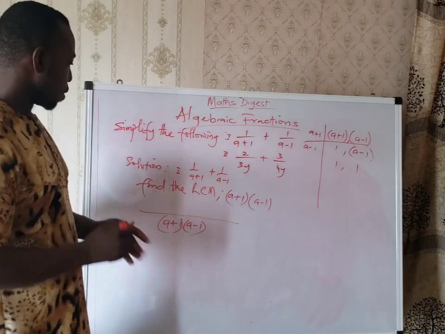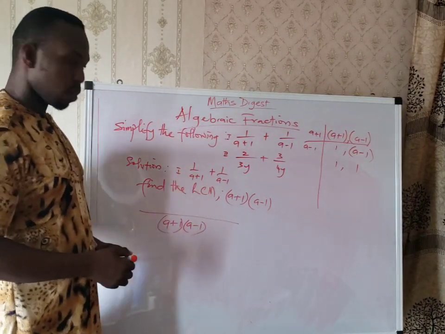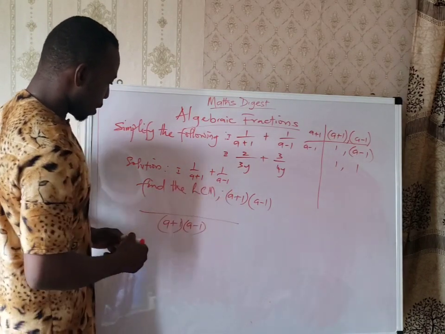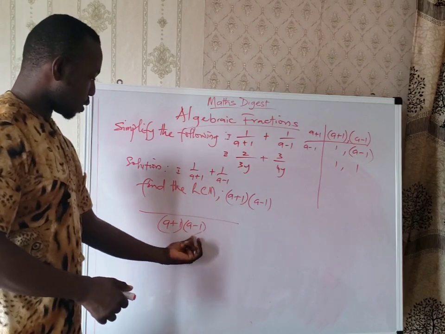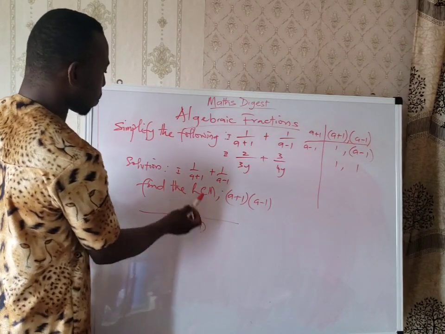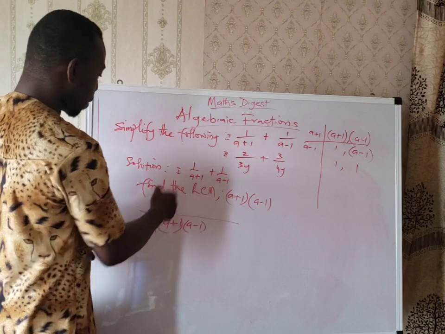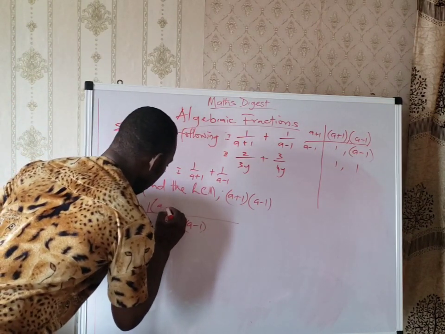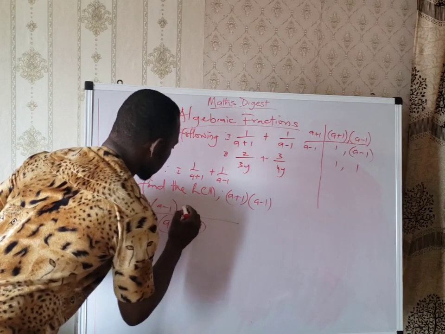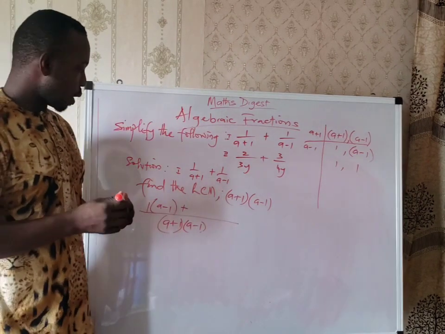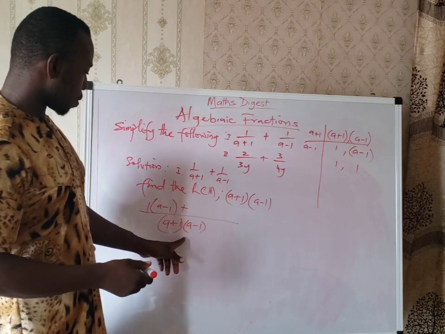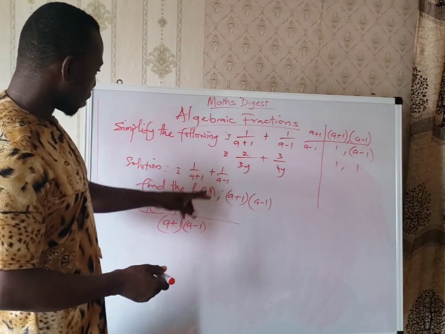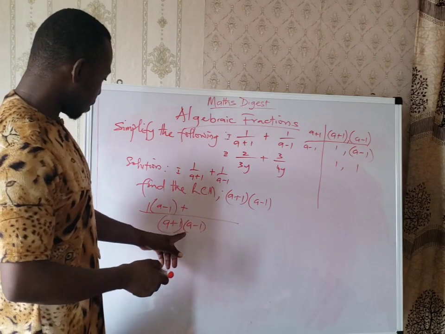Okay. Now, this into this, we only have this cancelled off. So what will now remain is this. So what you do is you use this and multiply the numerator of that particular one. So this, we say 1 into a minus 1, plus. Now we come for this. This can only cancel off for this. We have this left. So 1 equally, we can say 1 times this.